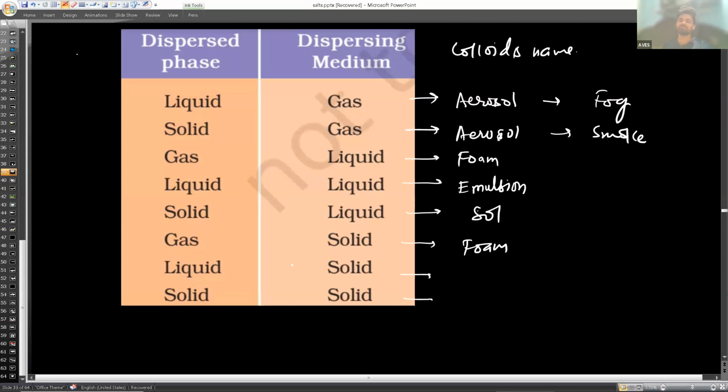Liquid plus solid is gel. And solid plus solid is solid sol. Okay. You understood? Yes or no? Yes, sir.